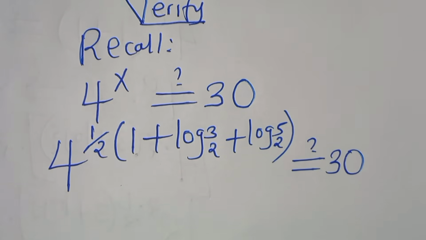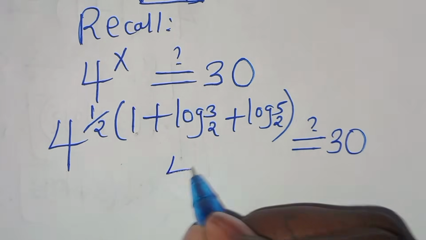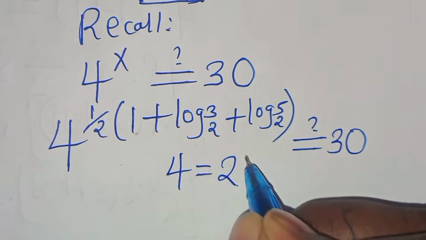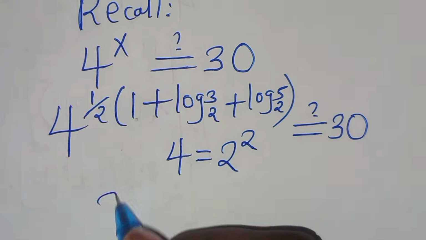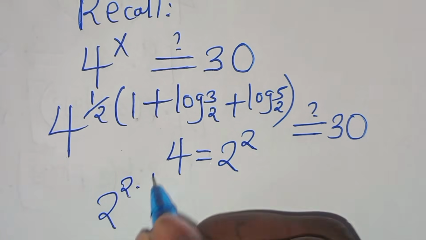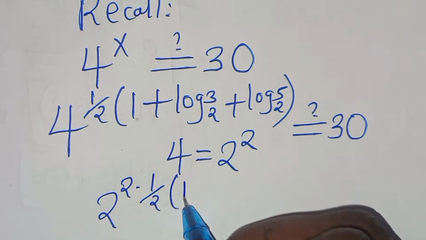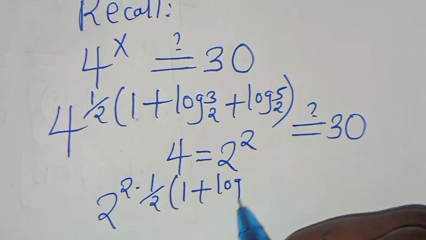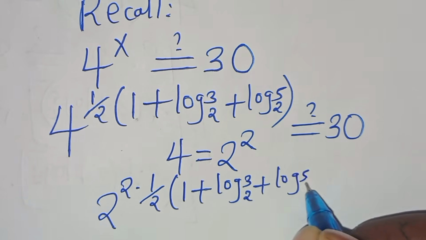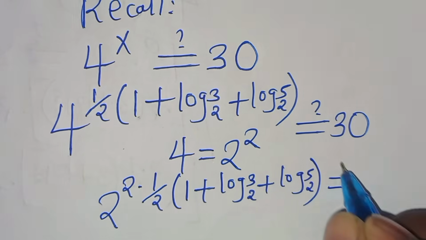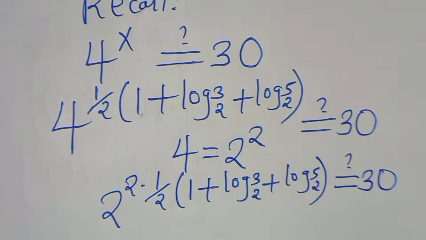We can express 4 as 2 to the power of 2, so we have 2 to the power of 2 times a half into the parentheses 1 plus log 3 to base 2 plus log 5 to base 2, supposed to give us 30.